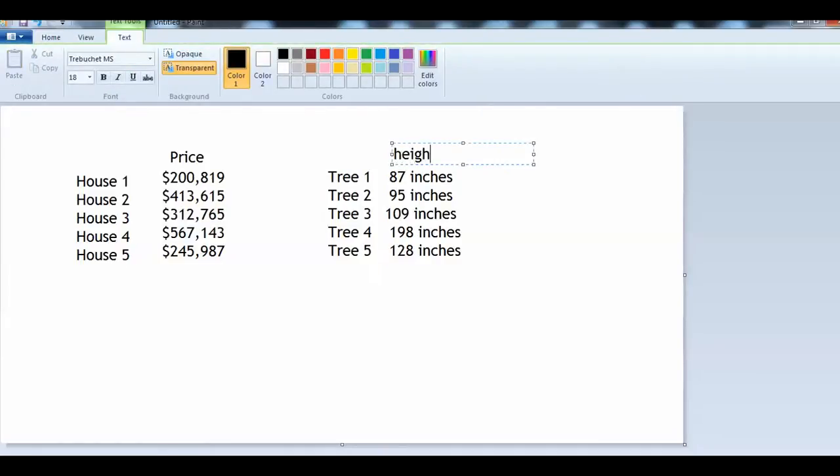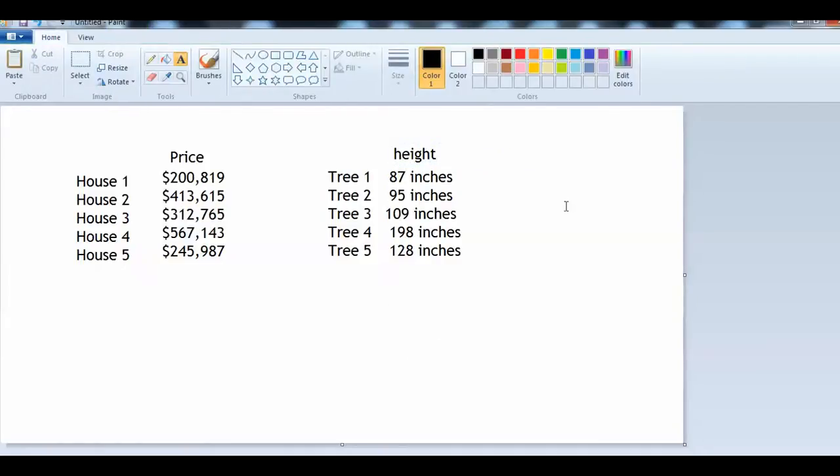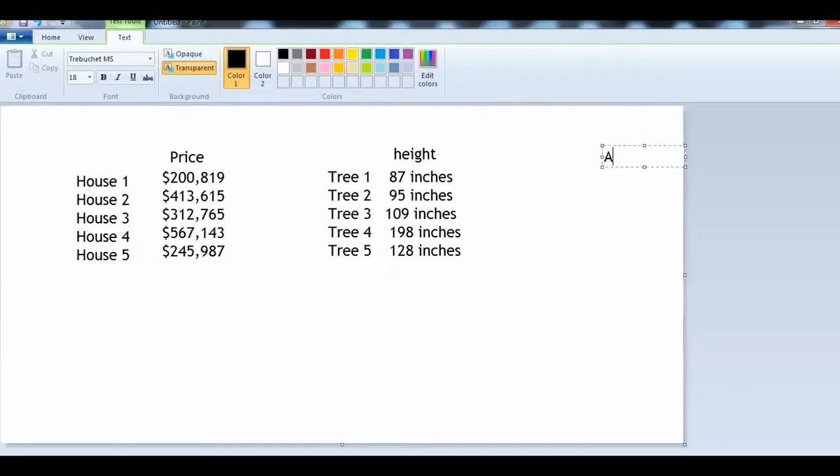So these are the heights of the trees. And we'll do one more example with people. Last time we were recording the heights of the people, but maybe we'll do the ages of 5 people. So we'll say age right here.